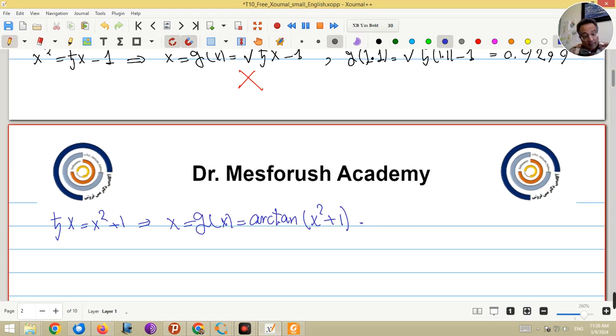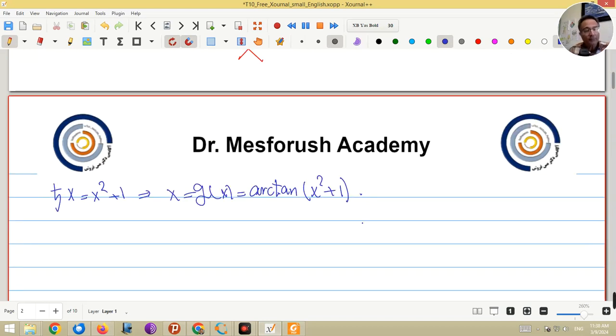Okay, this function has to have two properties. Property number 1, this is okay. Why? Because if you consider g of the interval 1 and 1.5, this will be inside 1 and 1.5. You can find it easily, it's clear.